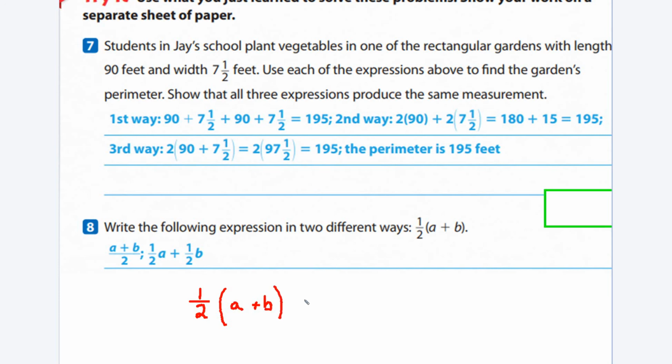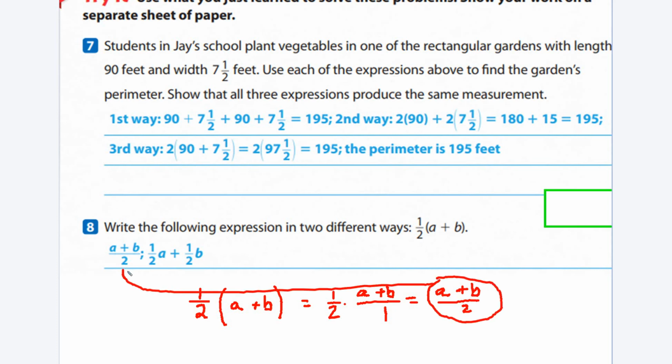And then it's times a half, which is the same as saying a plus b over 1, times 1 over 2, correct? 1 times a plus b is a plus b. 1 times anything is itself, and then 2 times 1 is 2, so that's why this is the same as that, okay?